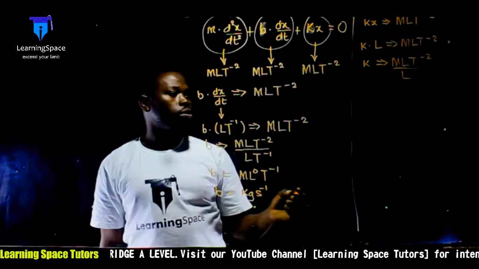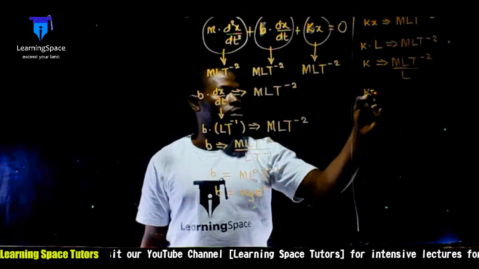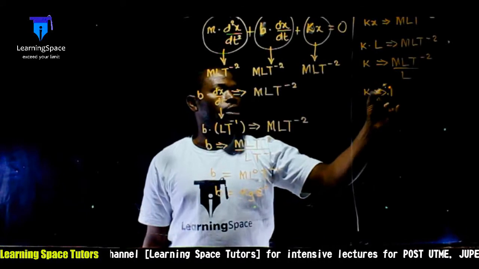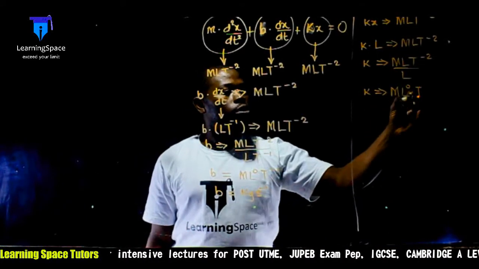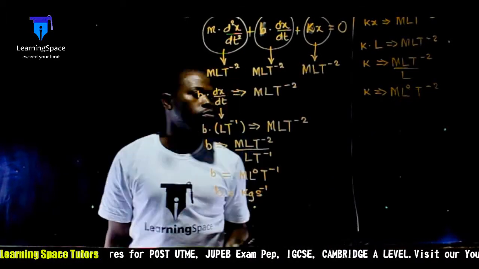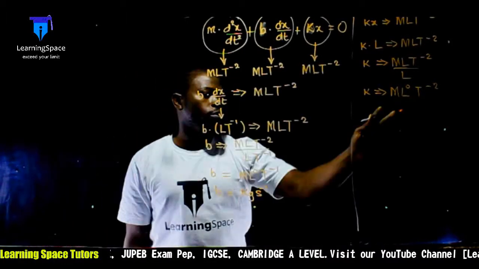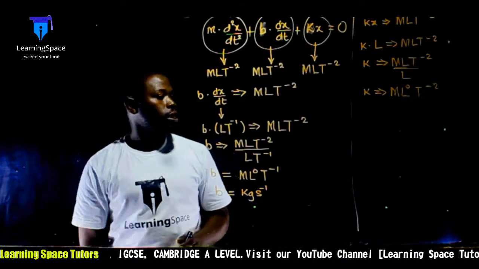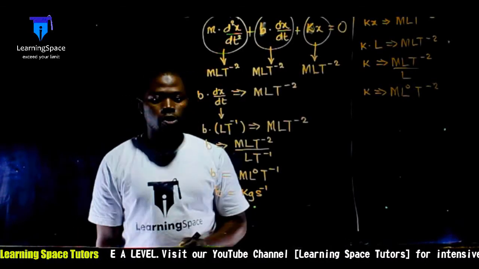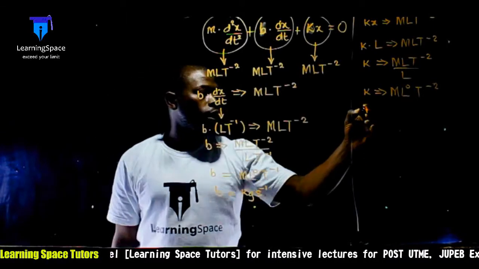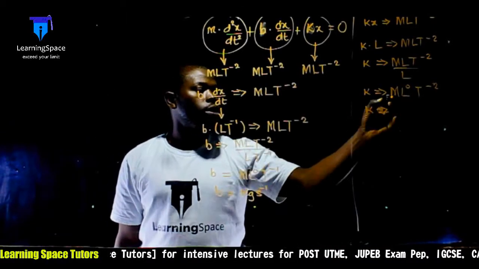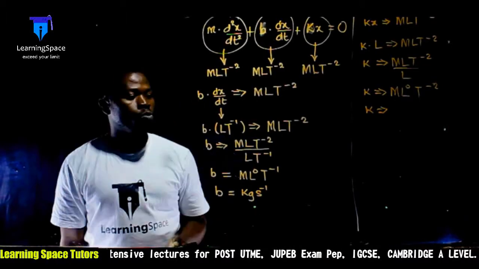Now applying the principle of indices, the dimension for K is going to be M L raised to power 0 T minus 2. So from the dimension analysis, we can deduce the units of K. The unit for our K is going to be M, which is mass in kilogram.